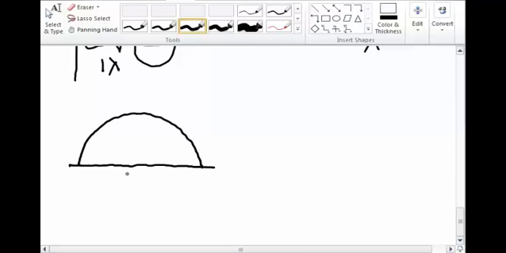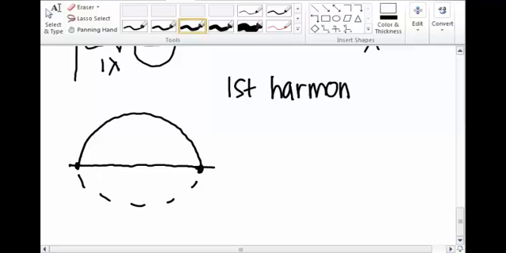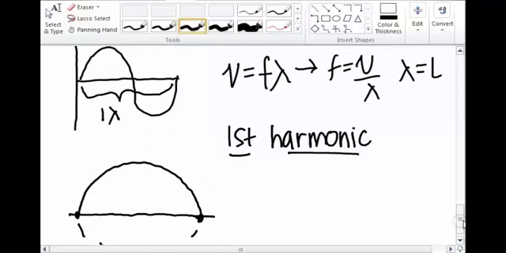So I want to look at this standing wave. How many nodes does this wave have? 2. 1, 2. So how many antinodes does it have? 1. So this is what's called the first harmonic. And if we use this up here as a reference point, how many wavelengths do I have in this first harmonic?